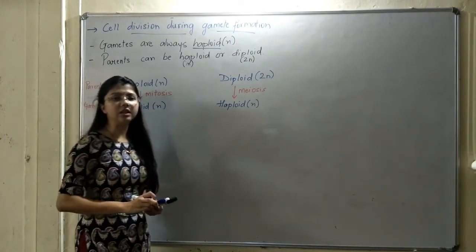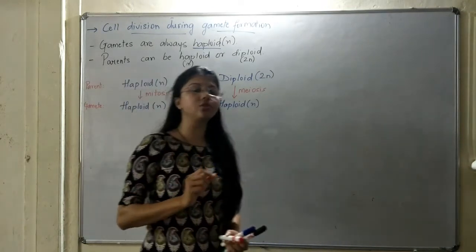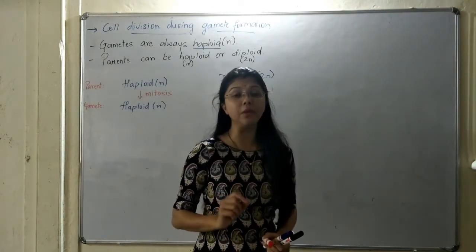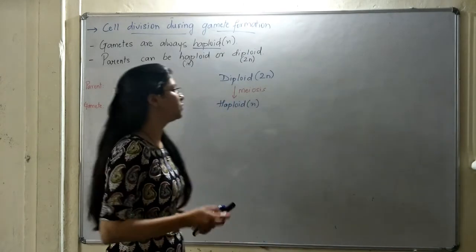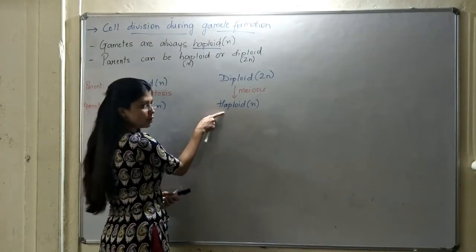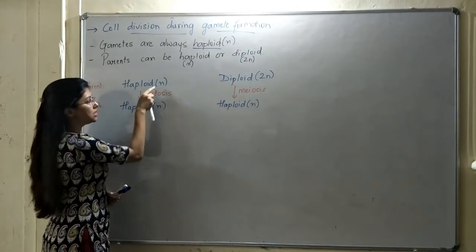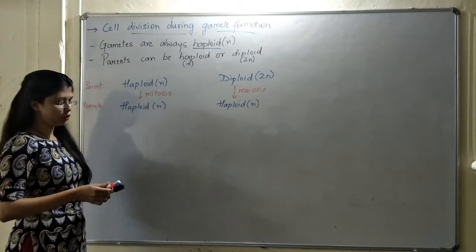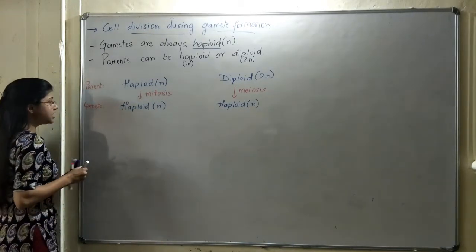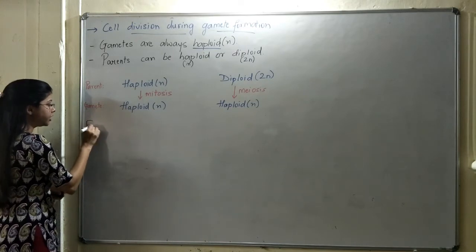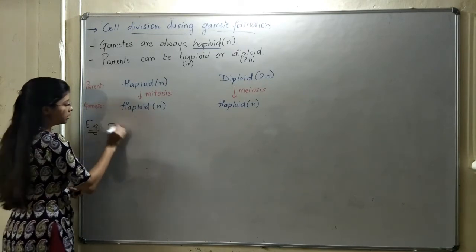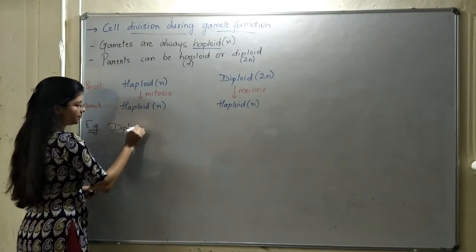You have already studied in 11th standard that mitosis is known as equational division and meiosis is known as reductional division. So meiosis is going to reduce the number to half, whereas mitosis is going to maintain the same number of chromosomes. Now let us see examples of different organisms with a diploid body.